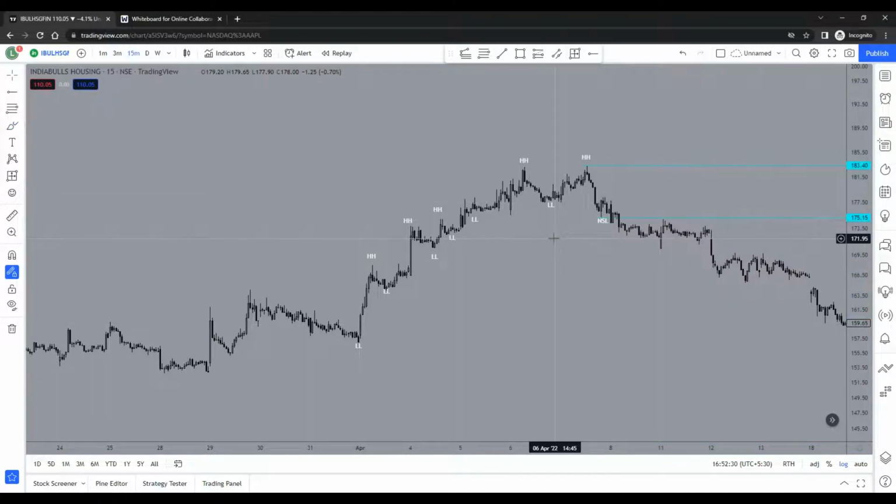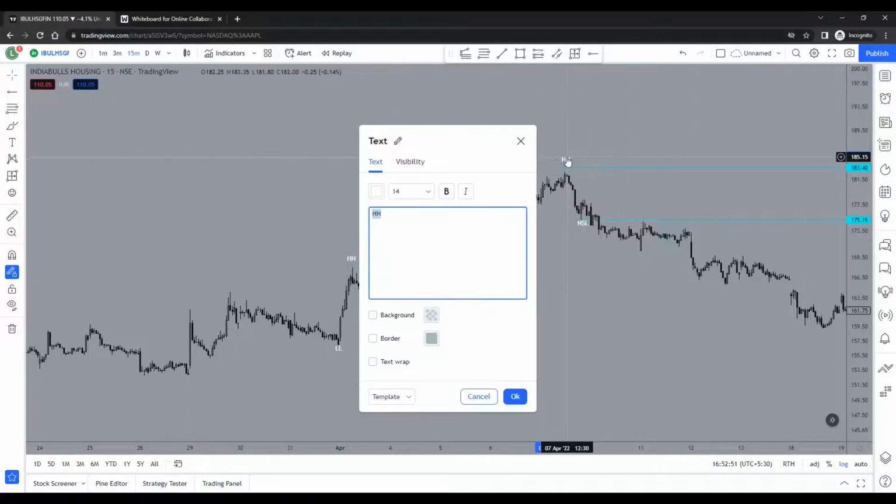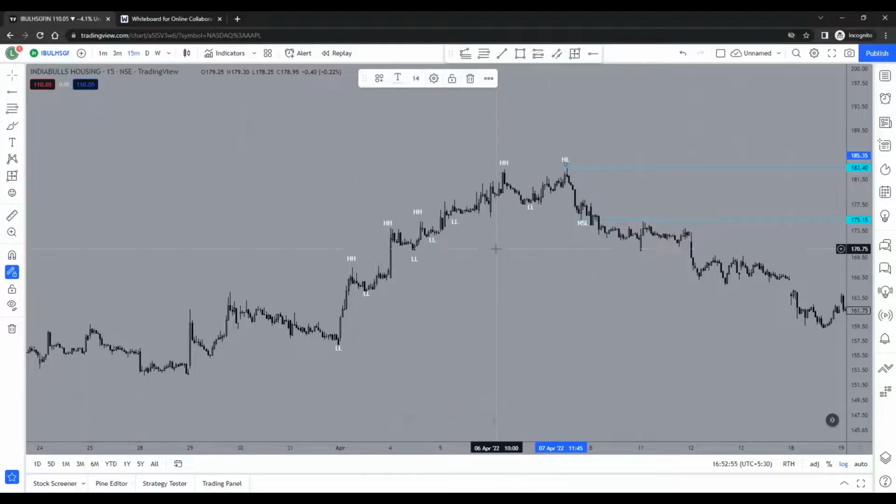So let's mark these points as we move along in the negative direction, or in the lower direction. Now this one is the new structure low. Now this point between this highest high and the new structure low will be called a higher low. Why higher low?